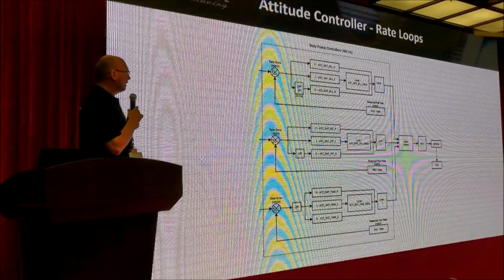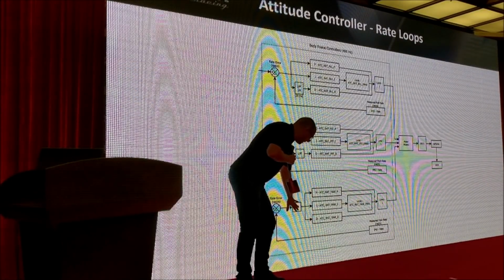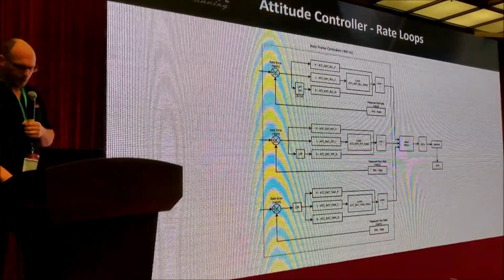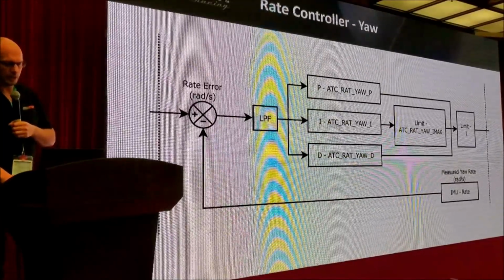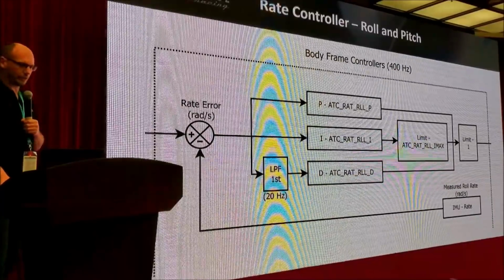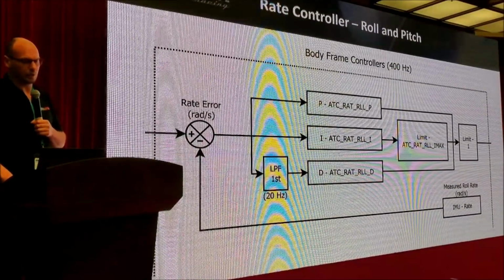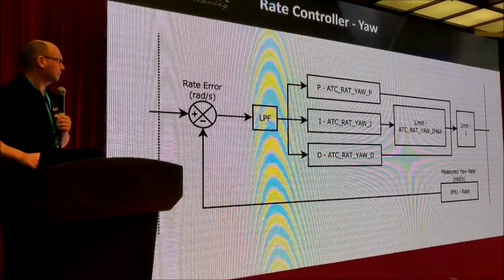Now you notice a little bit of a difference between the roll, pitch, and the yaw. This is one of the other special little things that ArduPilot does that a lot of other flight controllers, DJI in particular, have not done well, or at least haven't done until recently.